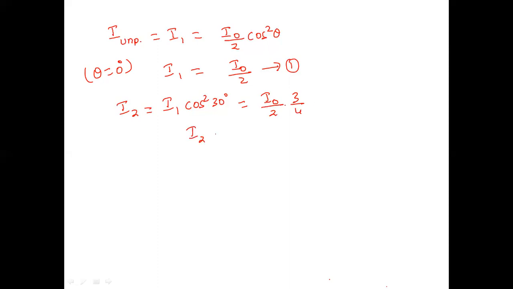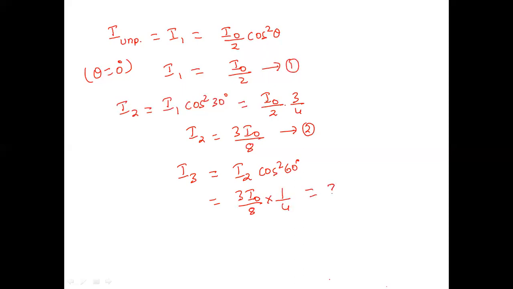So I2 is equal to 3 I naught by 8, equation 2. Similarly, equation 3. When this light passes through the third polarizer P3, we can write I2 cos square 60, that is 3 I naught by 8 times 1 by 4, which is nothing but 3 I naught by 32.